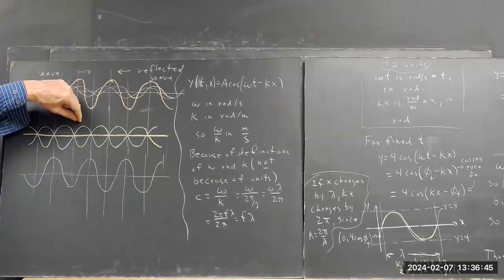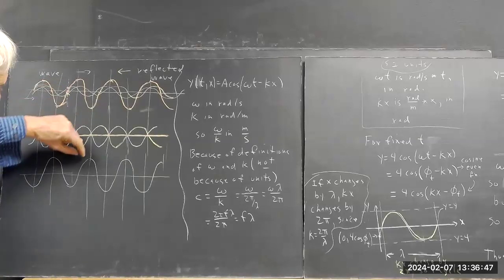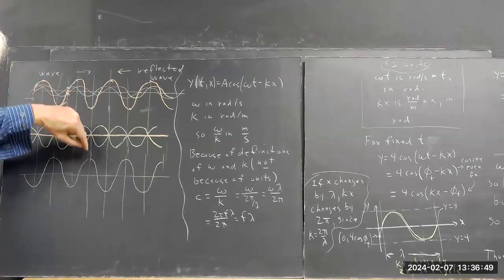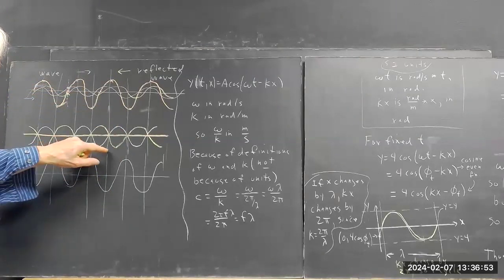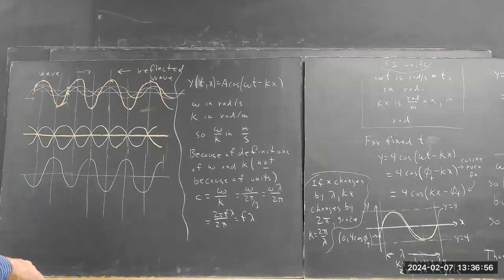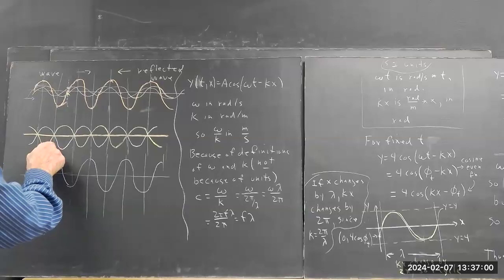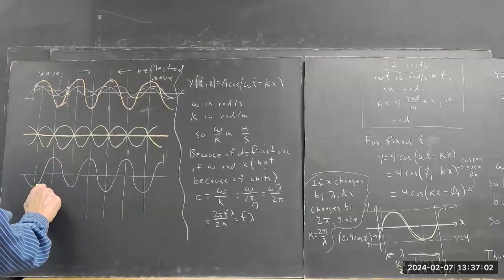Okay, so now each peak of the white graph is moved over this far. This peak moves over to here. This peak moves over to here. This valley moves over to here. And this valley moves over here to join up with this one.